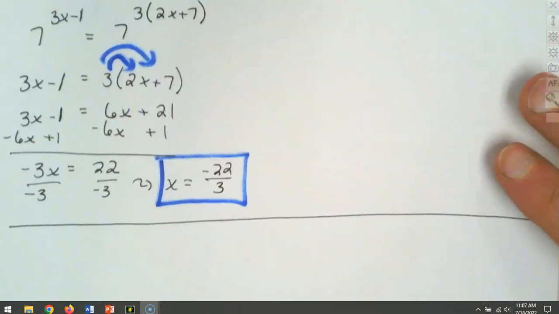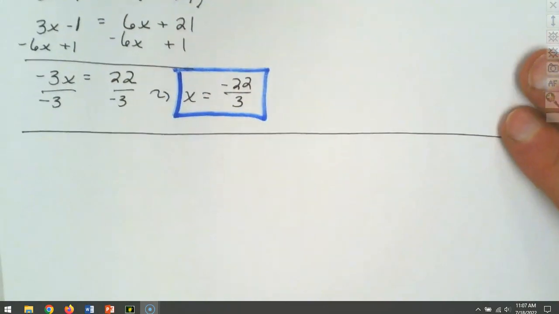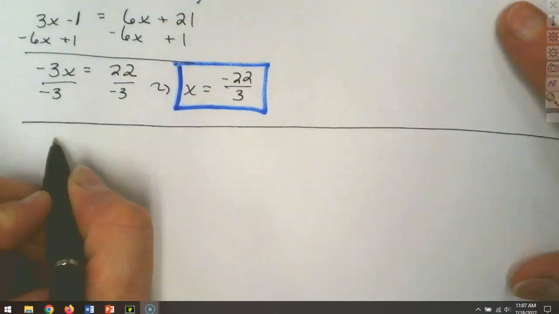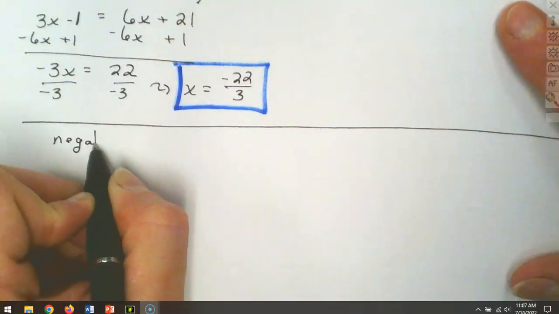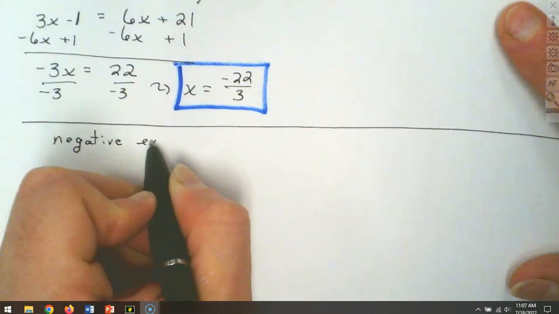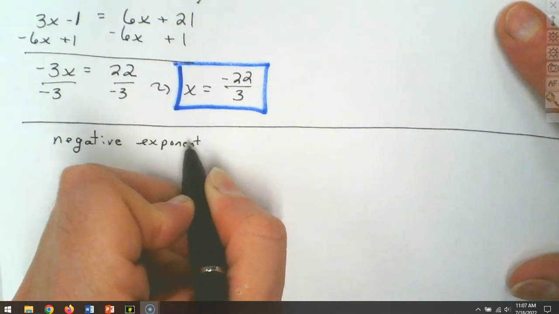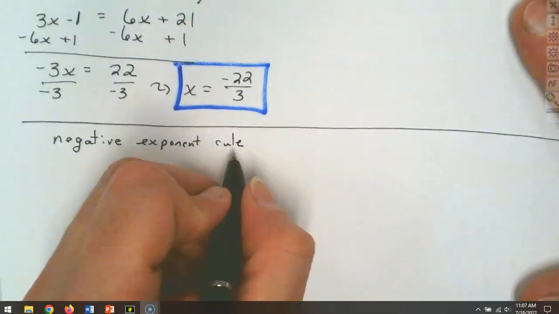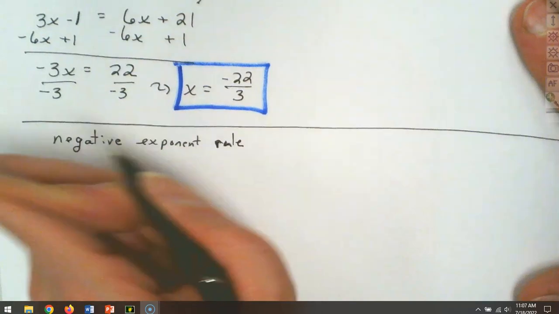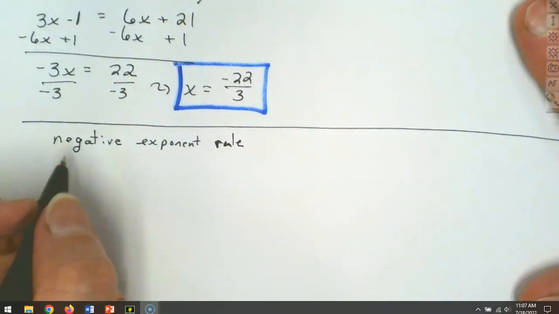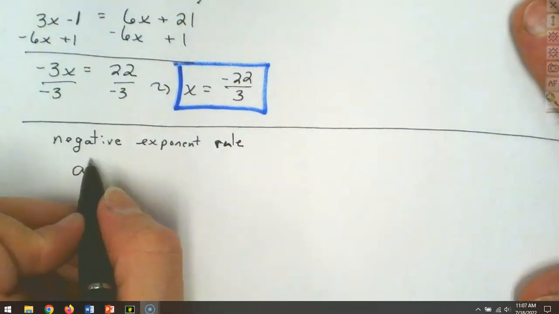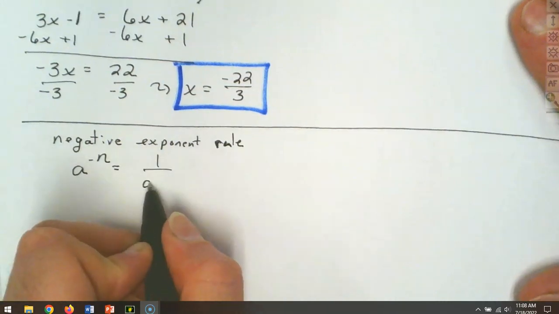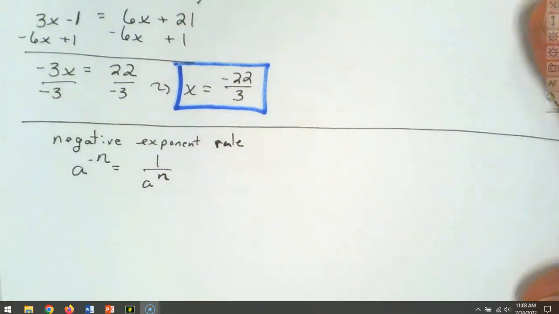How about fractions? Well, with fractions, we're going to have to remember how to use the negative exponent rule. Now remember, for our negative exponent rule, if we have some number a to the negative nth power, well, that's the same thing as 1 over a to the nth power, or vice versa.